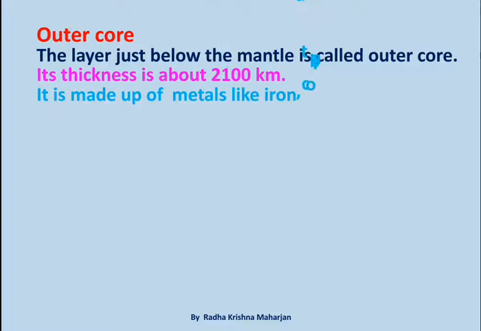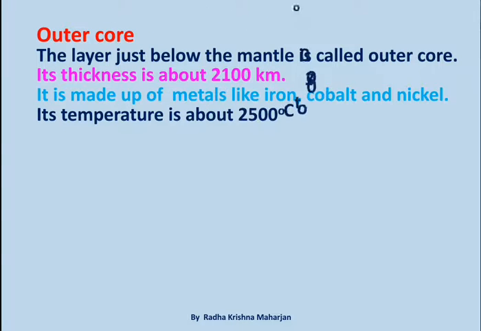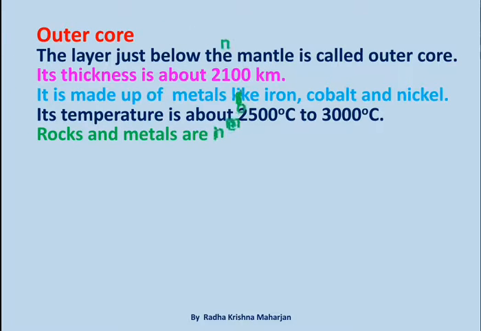It is made up of metals like iron, cobalt, and nickel. Its temperature is about 2500 degrees Celsius to 3000 degrees Celsius. Rocks and metals are in molten state.